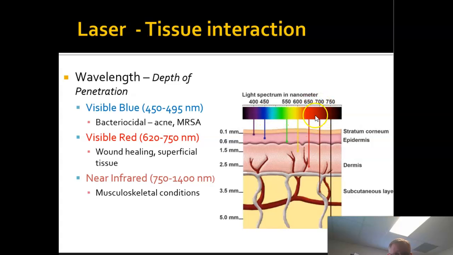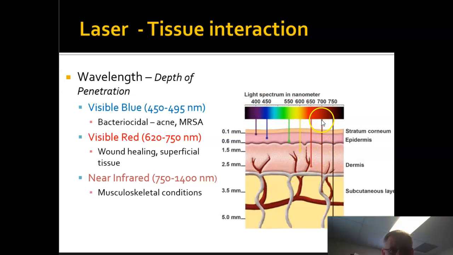That first gallium arsenide laser that I talked about is right in this range here, not a very deep laser, as opposed to when you get up here in this infrared area, then it's going to go a lot deeper. So I wouldn't worry too much about the blue laser. But definitely visible red and near infrared is what we're going to focus on for our therapeutic conditions.